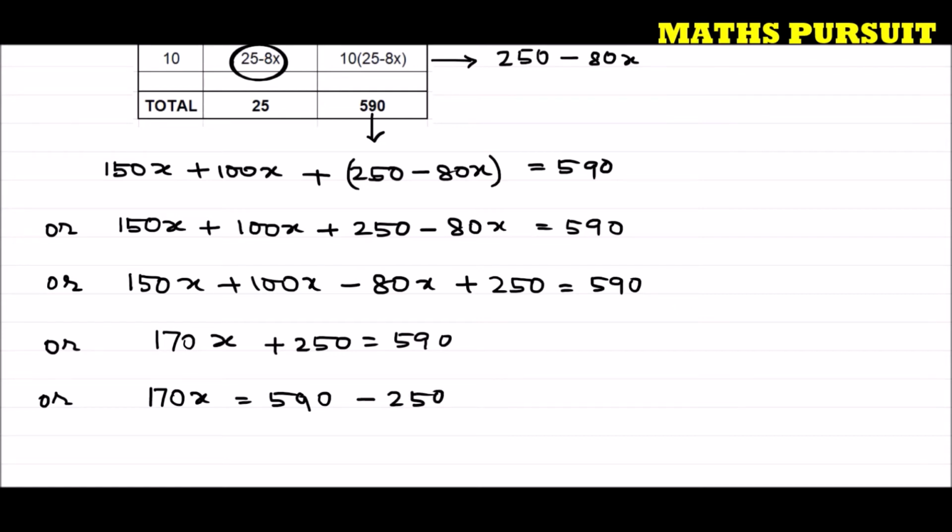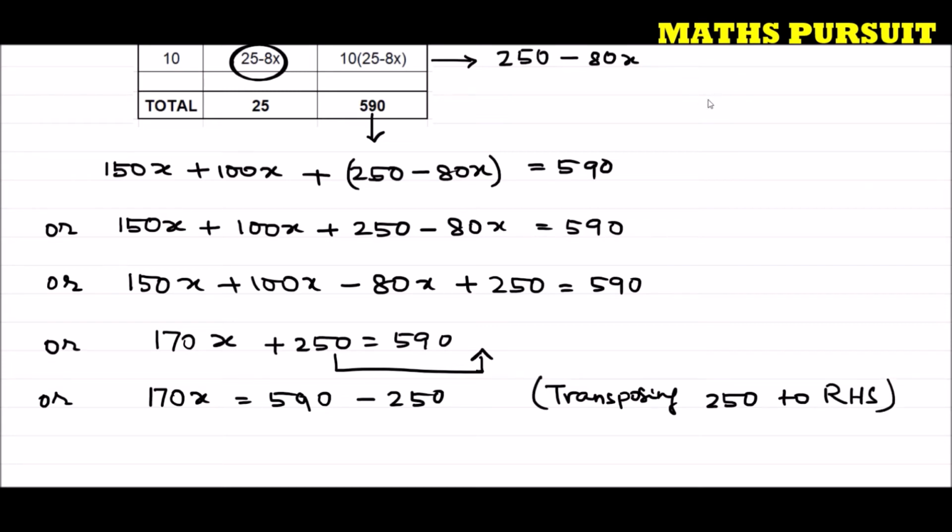That means I just moved this plus 250 to the right side of the equation. That means transposing, again I am transposing 250 to the right hand side. Hope guys I am very clear till here.